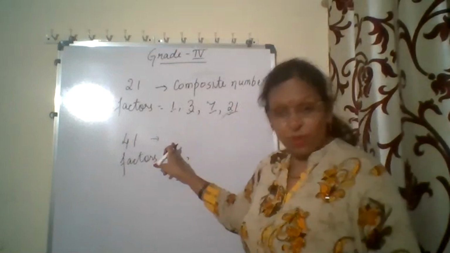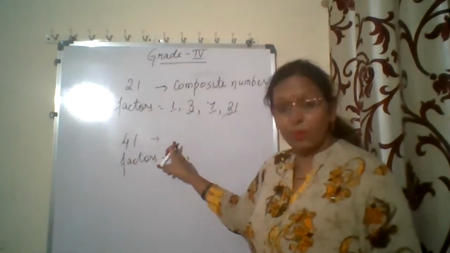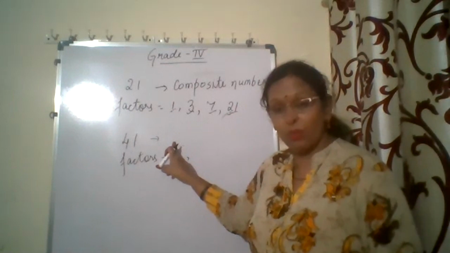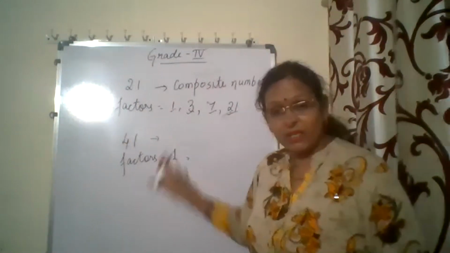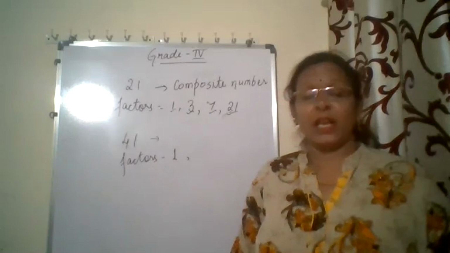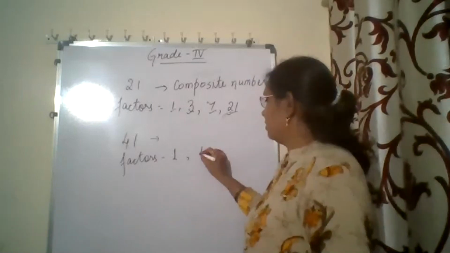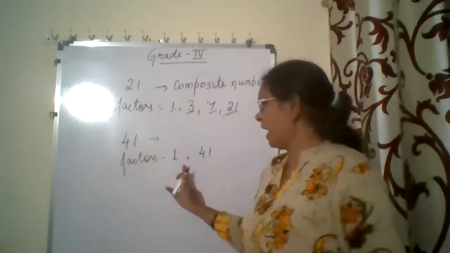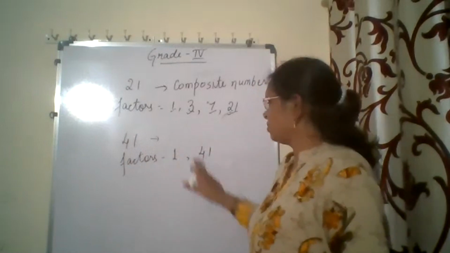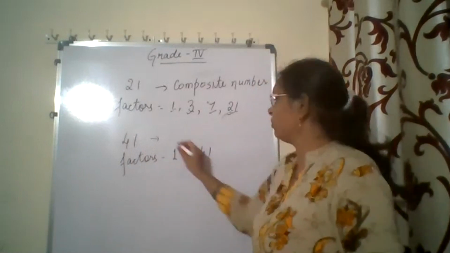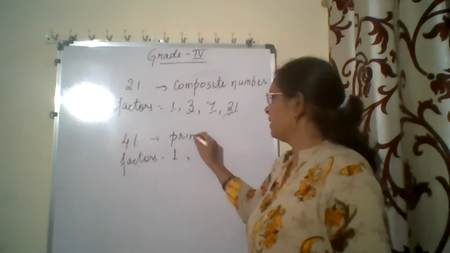Now 4, no. 5, no. 6, no. 7, no. 41 doesn't come in the table of 8, 9 or 10 either. So 41 has only 2 factors, 1 and 41. So 41 is the prime number.